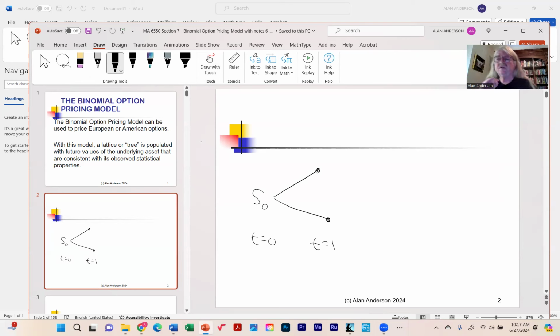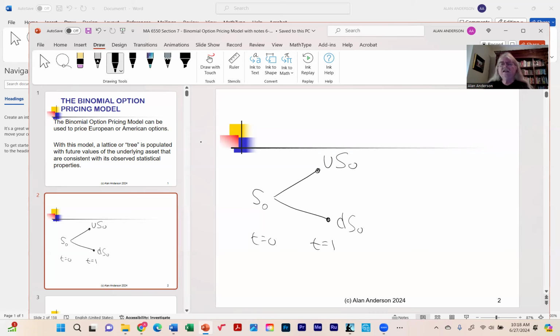Now, by the way, the notation that they use in this model is very interesting. Instead of having a subscript that indicates time, we'll let S0 be the initial price. And if it goes up, it's going to go up by a constant multiple, which will simply be called u. If it goes down, it'll be by a constant multiple called d.